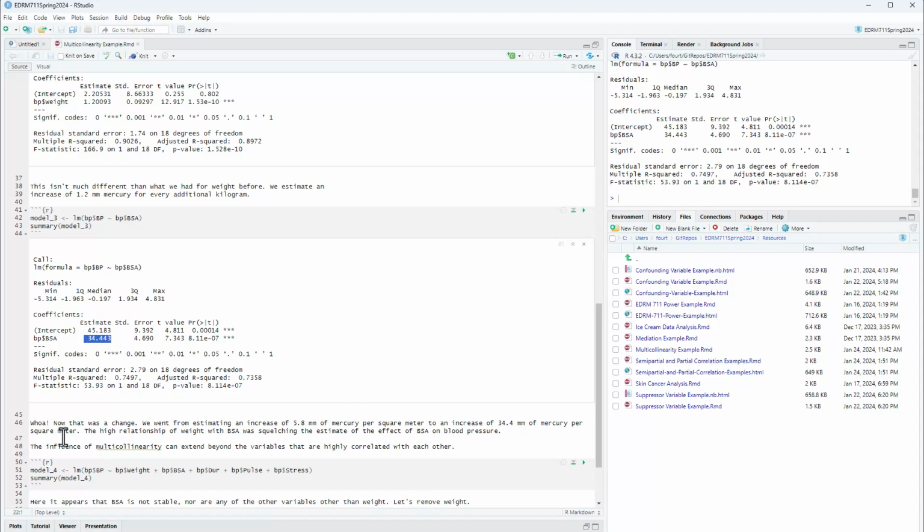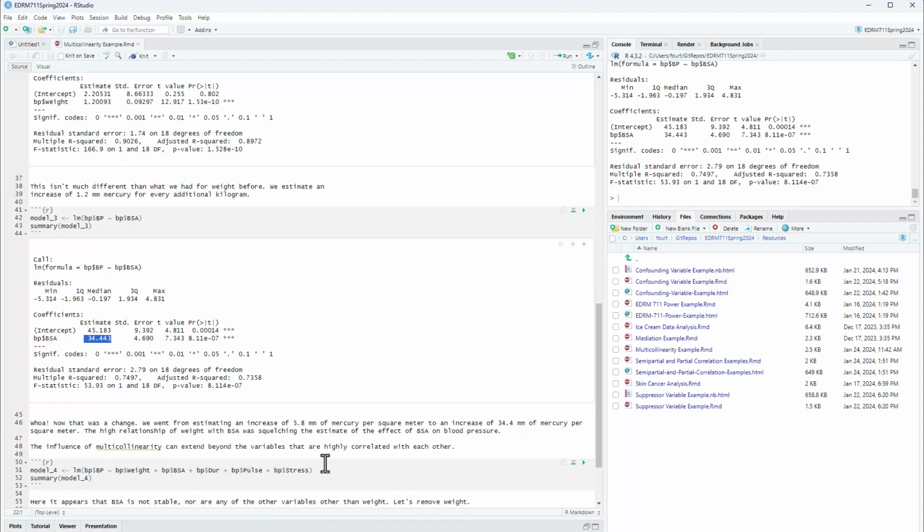We went from estimating an increase of 5.8 millimeters of mercury per square meter to an increase of 34.4 millimeters of mercury per square meter. The high relationship of weight with BSA was squelching the estimate of BSA on blood pressure. We put in weight, then we put in BSA, and weight had already accounted for much of the same thing that BSA would, and so it was squelching this.